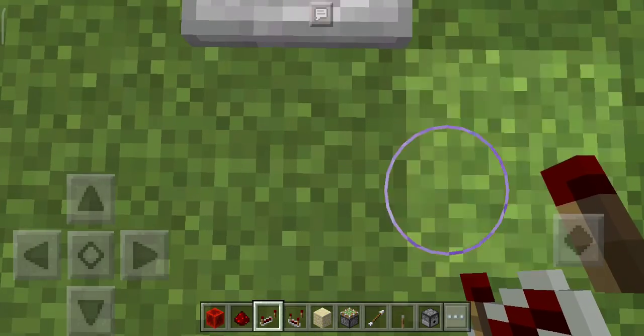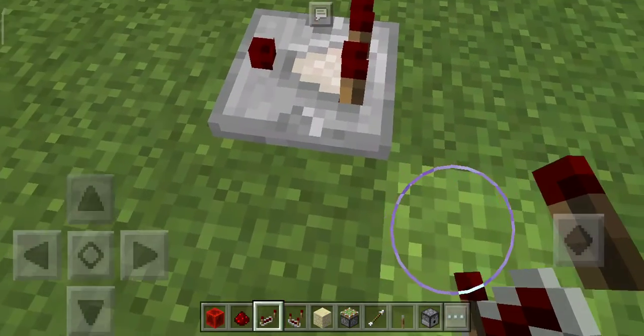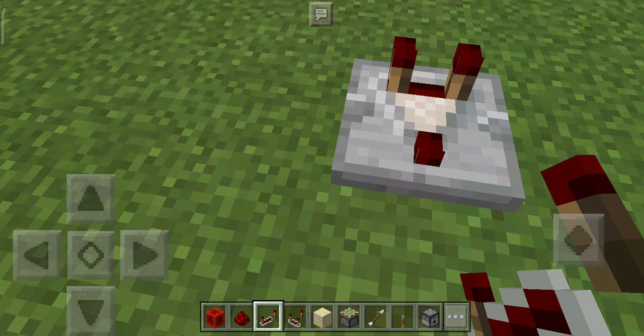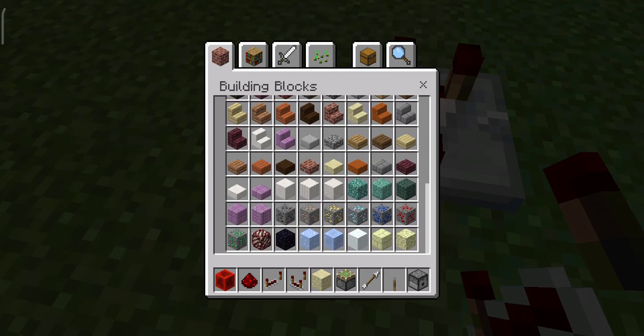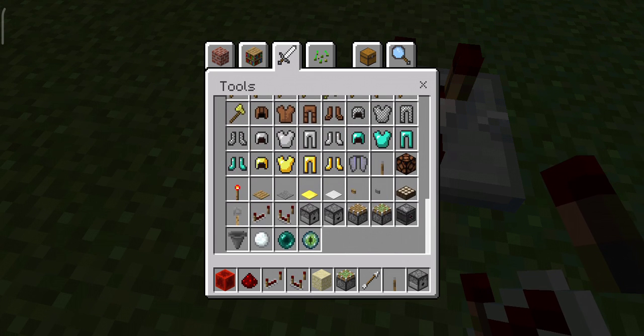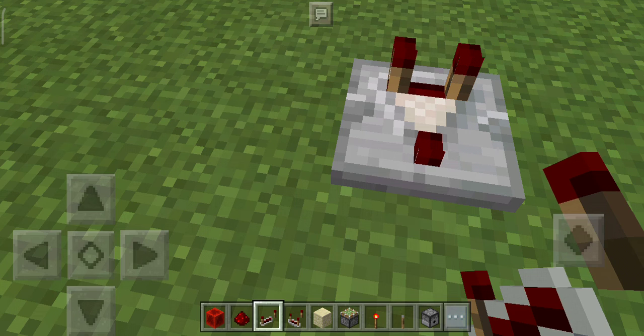The second thing I wanted to say is that the things on the redstone comparator and the redstone repeater look similar to something. Do you want to take a guess? That's right, it looks just like a redstone torch.